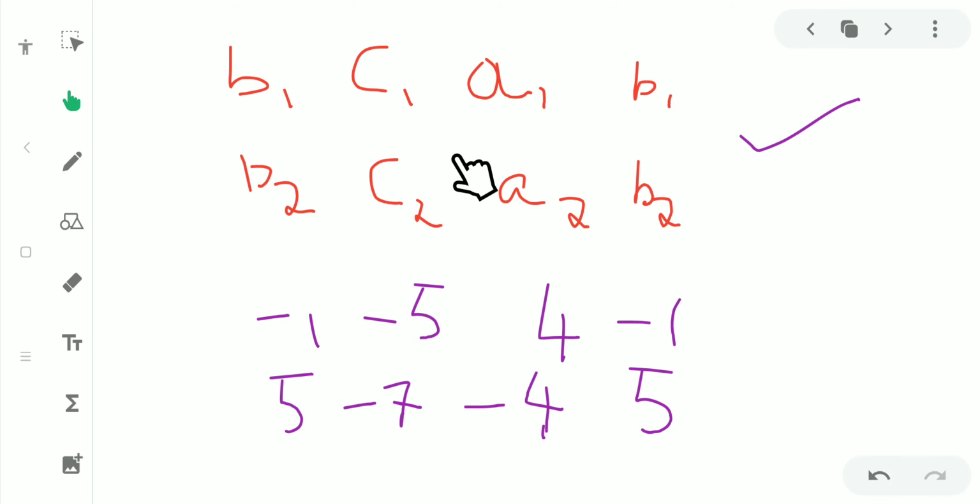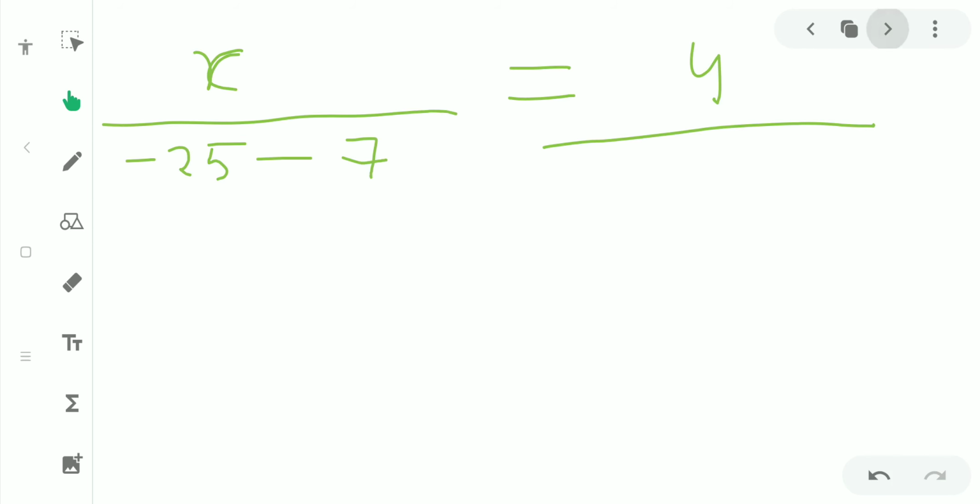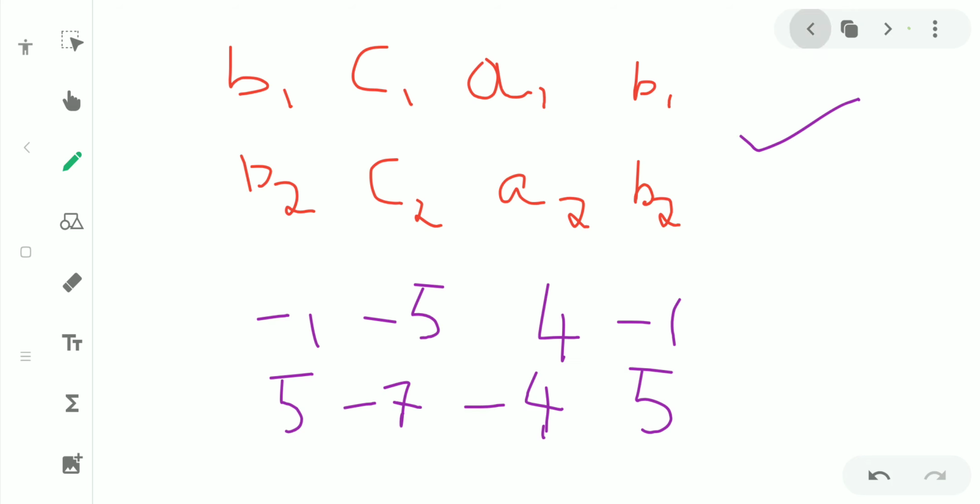C1 into A2 minus C2 into A1, downward arrow minus upward arrow. So we'll get C1 into A2. C1 into A2 is minus 5 into minus 4, minus 20. Minus C2 into A1.